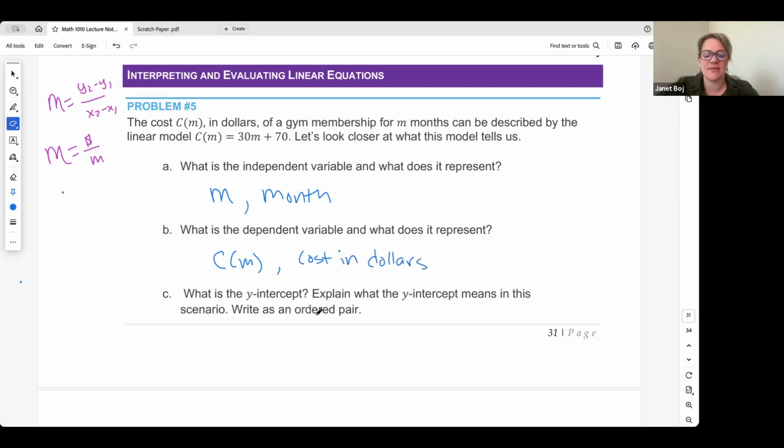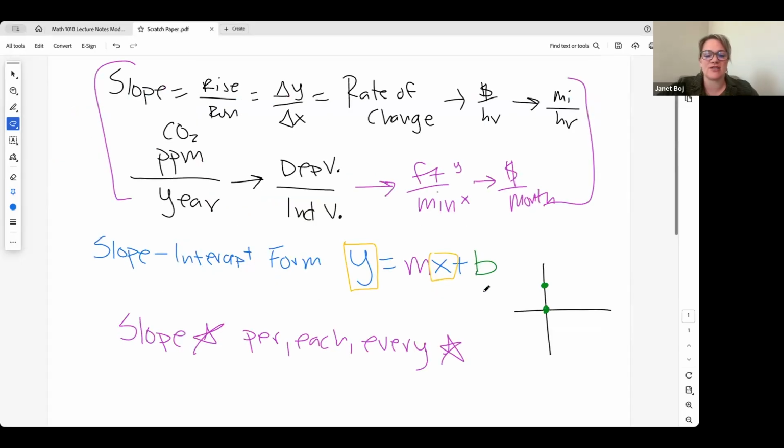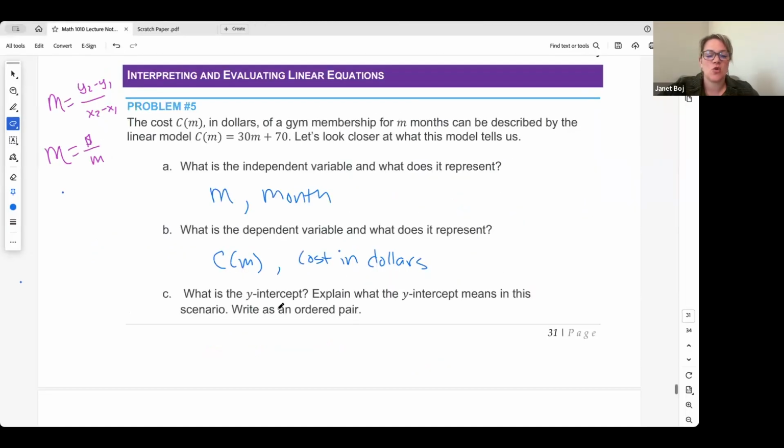What is the y-intercept, and explain what the y-intercept means. When we're talking about the slope and the y-intercept, remember that the b value is the same unit as the y value. Because this is a y-intercept and this is a y value, that's the same unit. So the y-intercept must be measured in dollars.